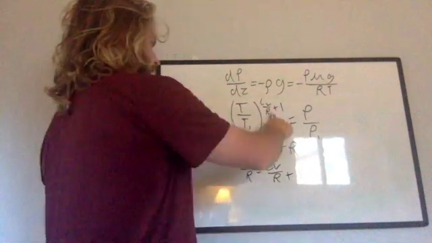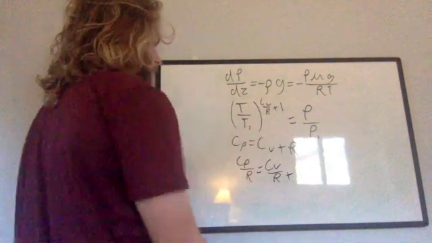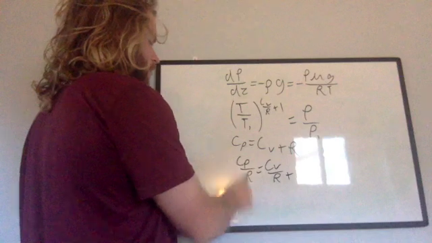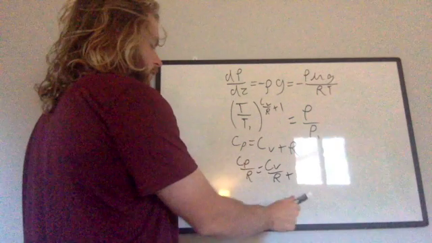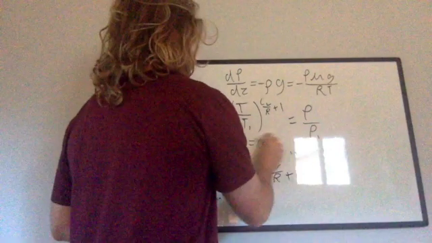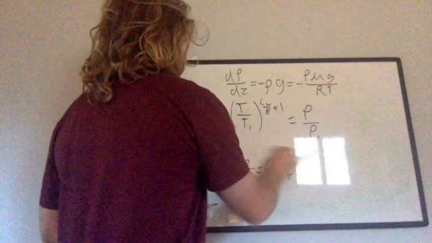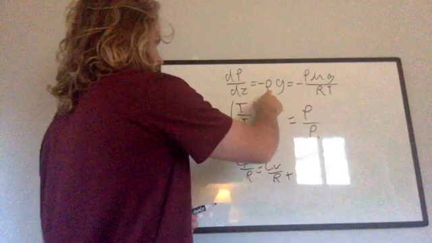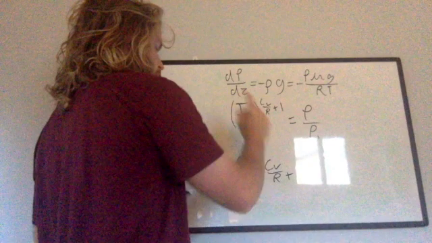And what do you know? That is exactly our exponent right here. So we can go ahead and substitute this Cp over R in for our exponent up there. So this is going to become the specific heat capacity at a pressure over R.